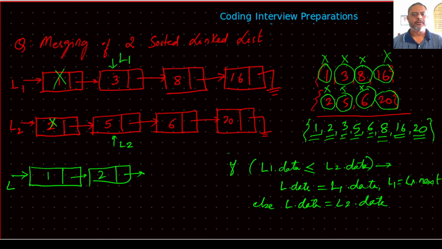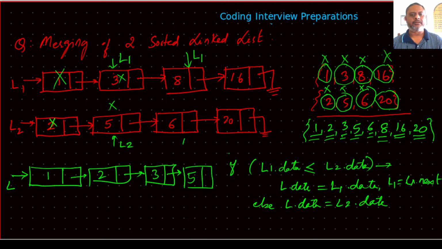Then 3 and 5 are compared, and you are sure 3 will come here. Then L1 gets shifted here. Then 5 and 8 are compared, so of course 5 has to win the race. That also gets cancelled, and L2 gets shifted here. Then 6 and 8, of course we get a 6 here.